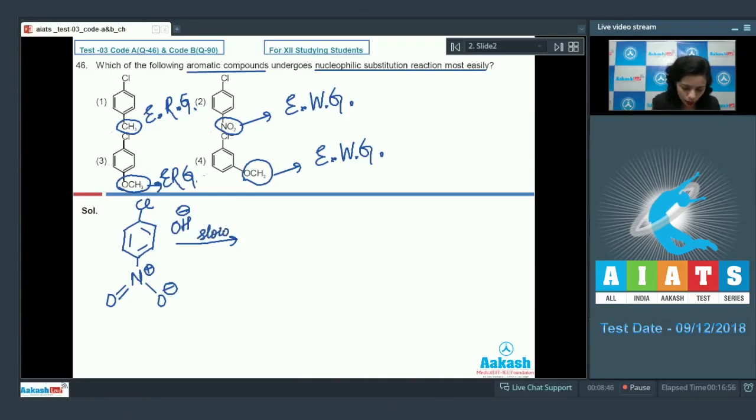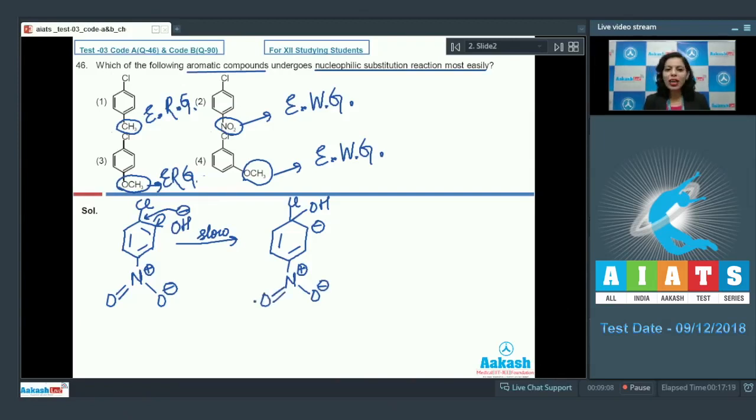Now, on this, if some nucleophile is attacking, this is the slow step of the reaction. It attacks over here, and further it gets changed into this intermediate, and definitely the nucleophile will be attached here. Now this would be formed, and we know that it can easily participate in resonance.